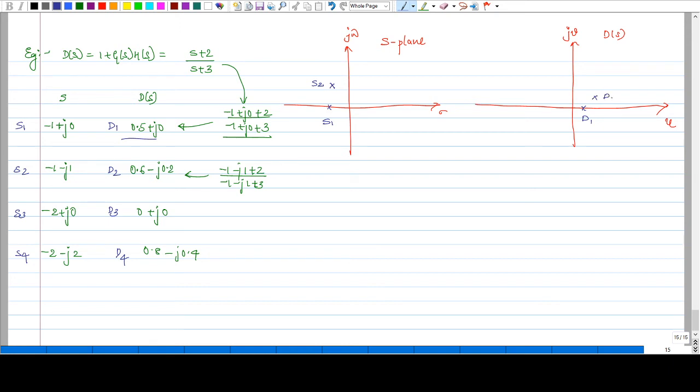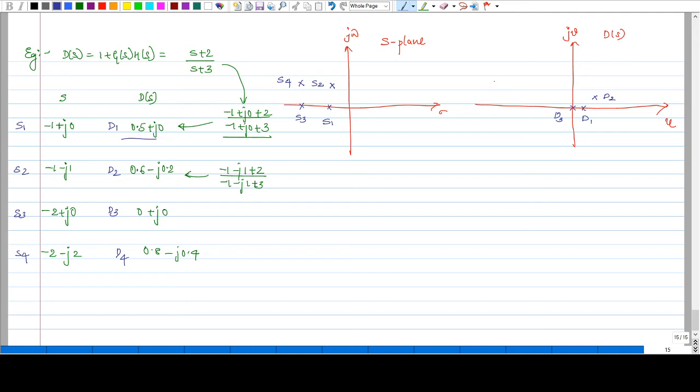This is D2. Similarly, S3 is minus 2 plus J0. So this is S3. So this is D3. Similarly, minus 2 minus J2. So this is S4.